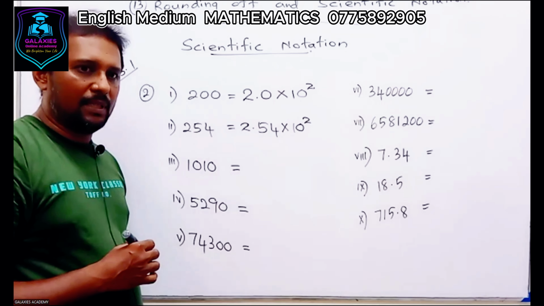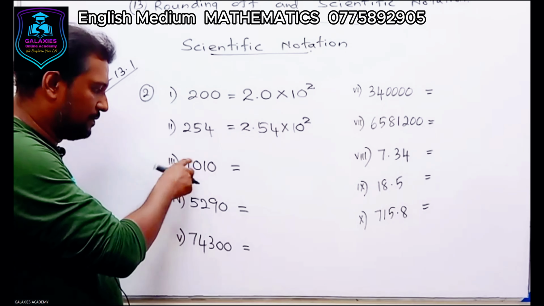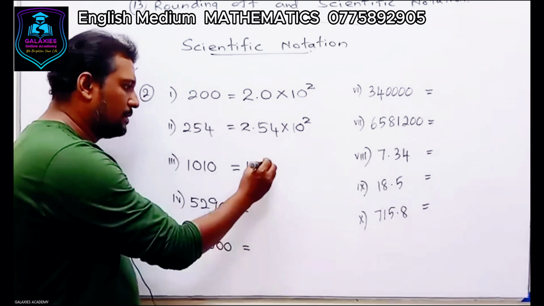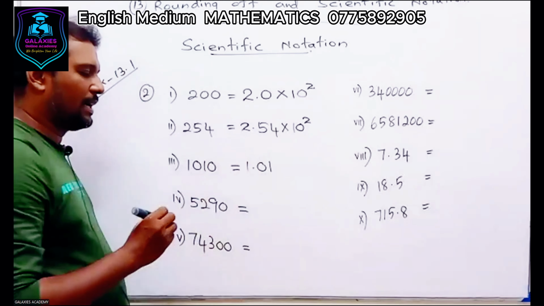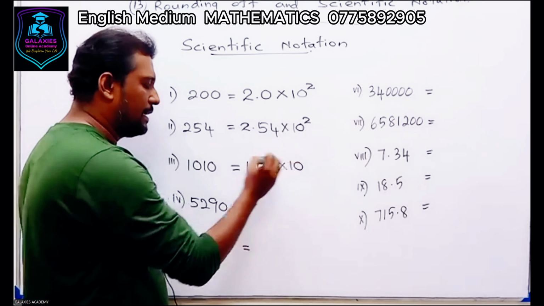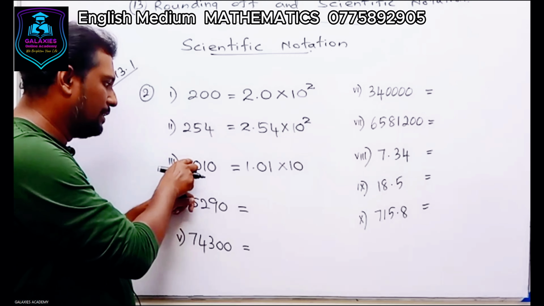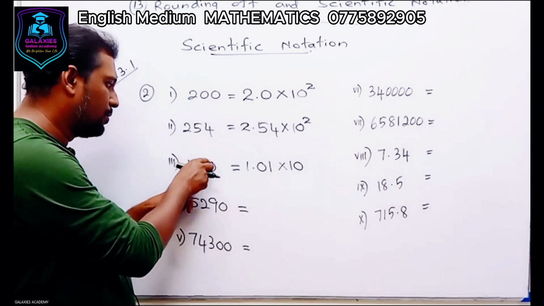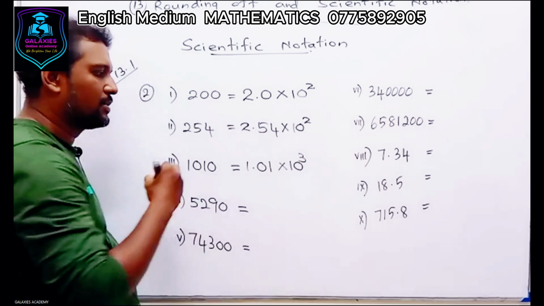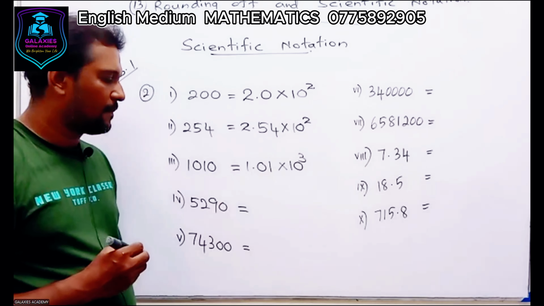Third example, we have to keep the decimal point after 1, right? 1.01. The last zero we don't need to write down here, right? Multiply 10 to the power. I kept the decimal point here. To get the initial number, we have to move 1, 2, 3 places. Positive direction, 3 places. So 1.01 multiply 10 to the power 3.